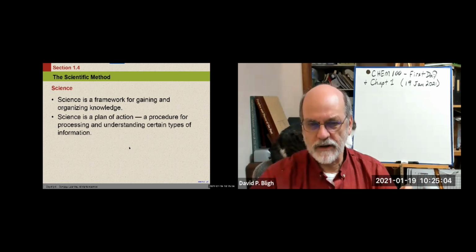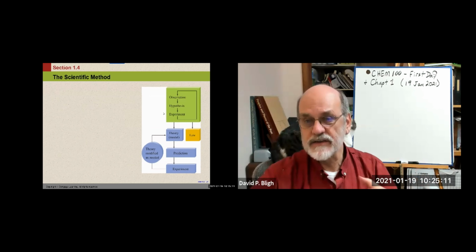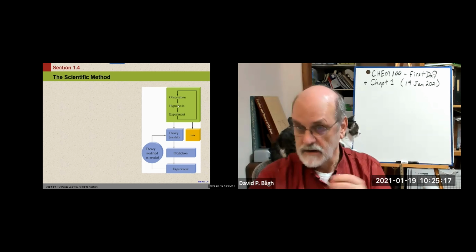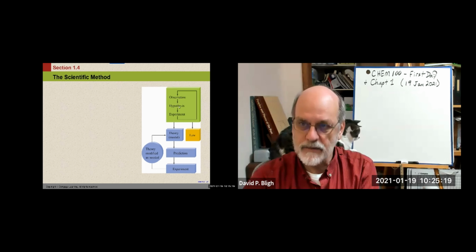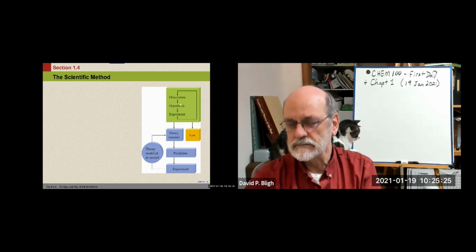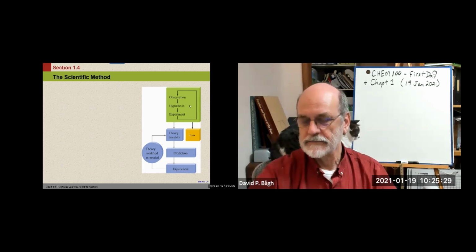So what's the framework? It's a plan of action, right? So we need a plan of action, and here it is in a schematic form. There's your observation, there's your hypothesis, and you know, why did it happen? I observed this, now why? There's your experiment. And you can go round and round and round in that one till the cows come home.